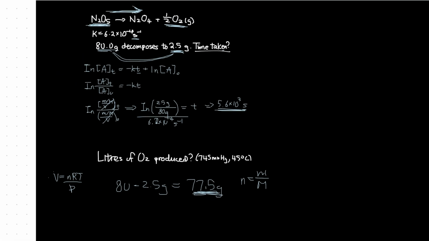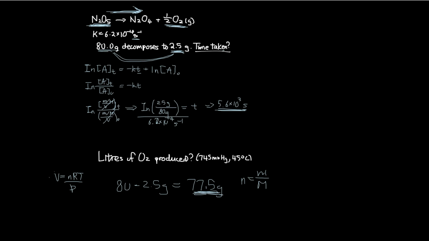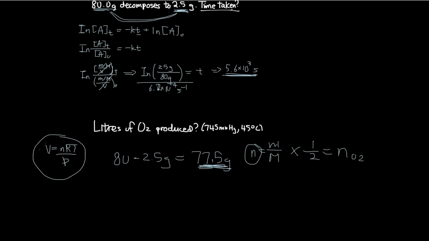And then afterwards, it's pretty simple. Once you get the number of moles, you want to find the moles of oxygen, which according to stoichiometry should be half. And this will get you the moles of oxygen. Then you can just insert the rest into the ideal gas equation. There's nothing else fancy left, so I'll just give you the answer.